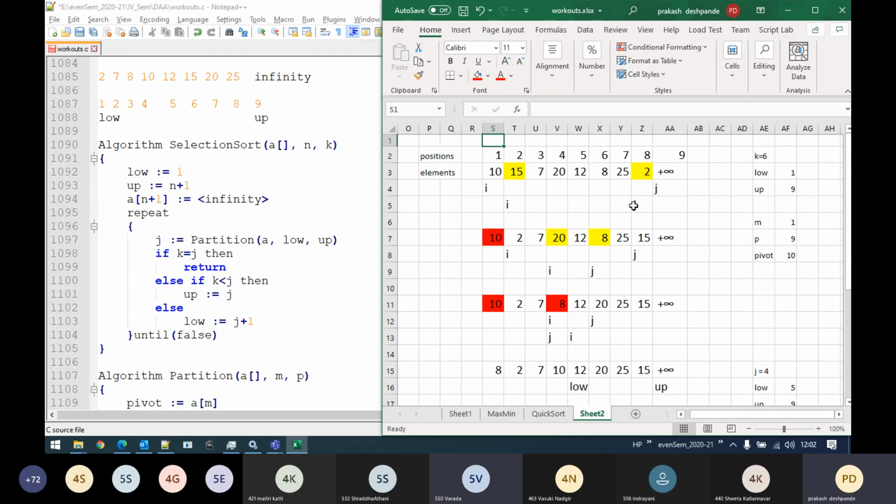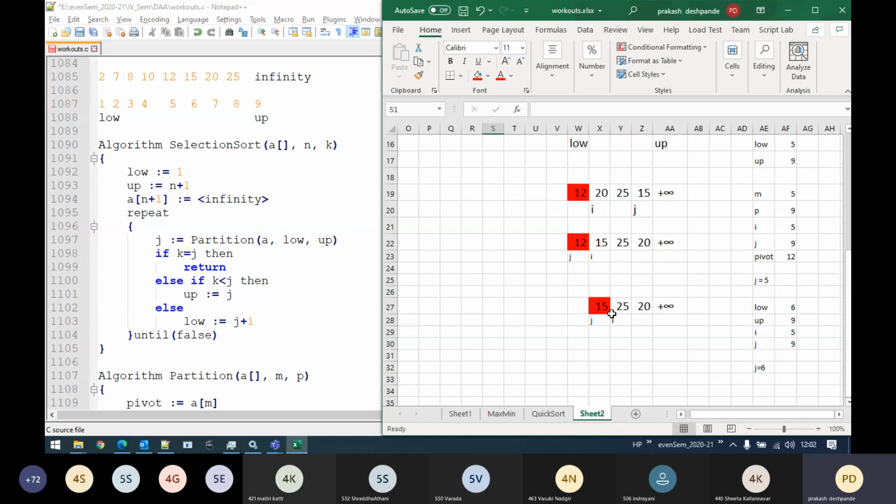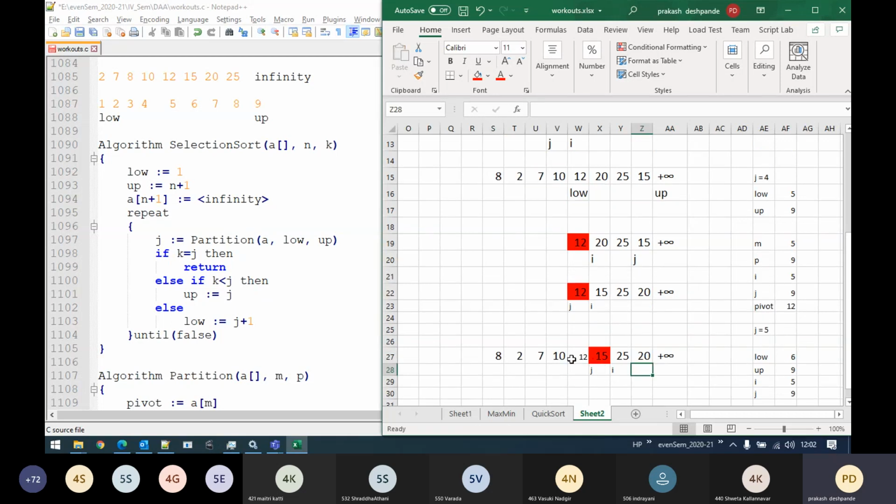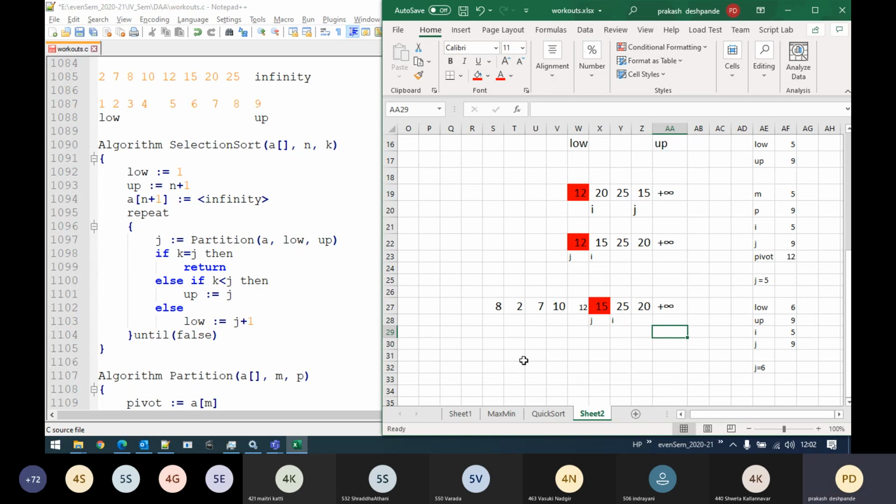If you look here at the final array elements, if I put all the remaining elements, you get 12, and on the other hand you get these elements. The elements are not sorted completely, but we have positioned the element at the kth position properly.